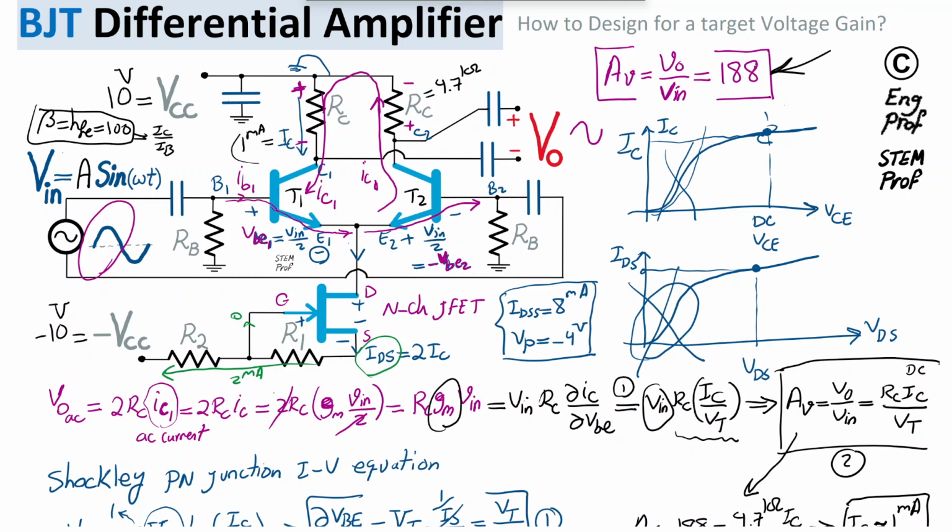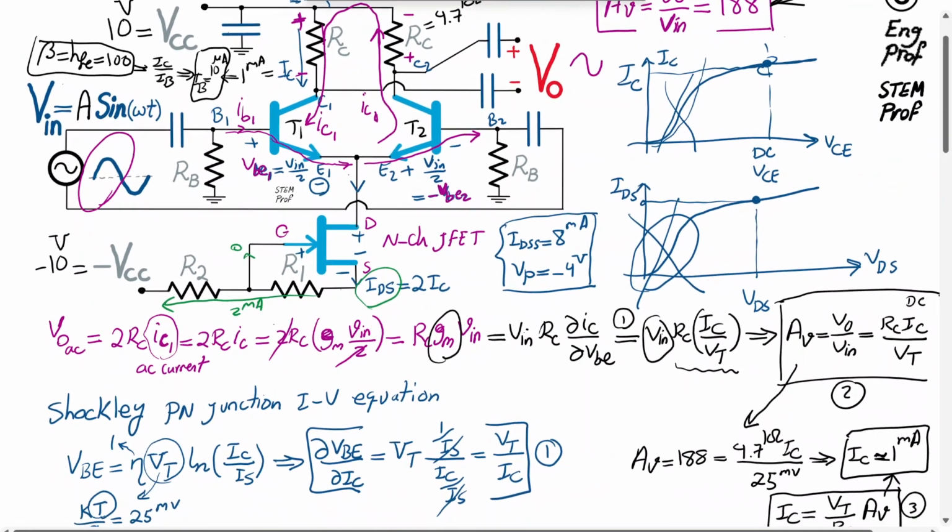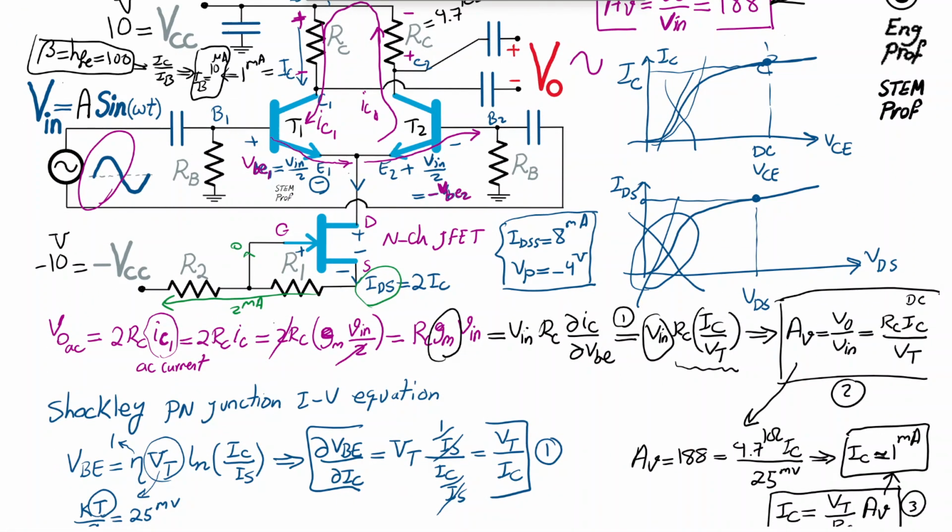So if collector is 1 milliamp, that means the base DC is just 1 milliamp divided by 100, which is then 10 microamp. So my understanding is there is 10 microamp DC passing through the base of each of these transistors.